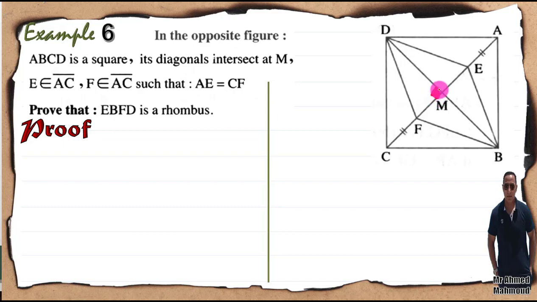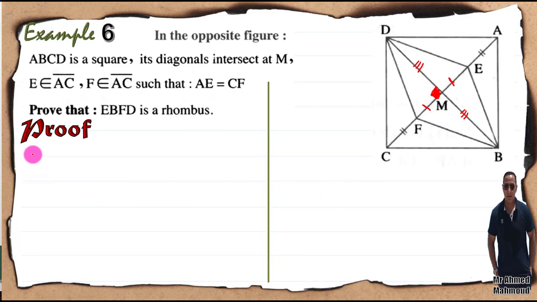And AC and BD bisect each other, therefore BM equals DM, and AM equals MC. Since AE equals CF and AM equals MC, therefore ME equals MF.